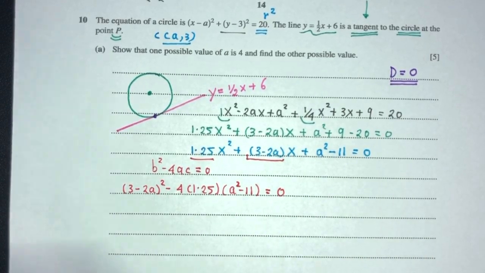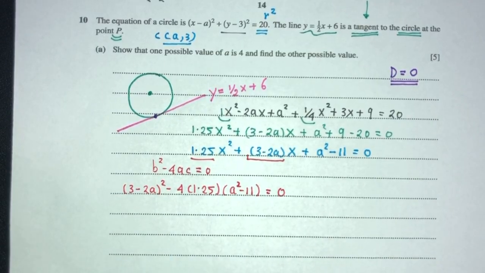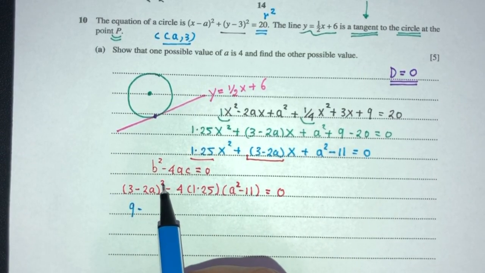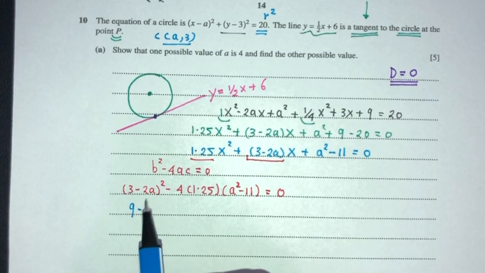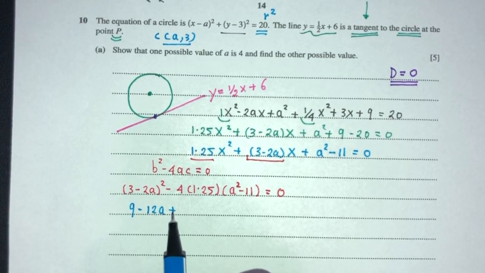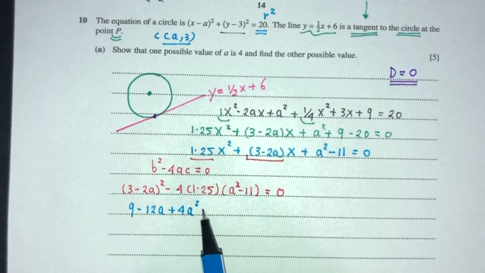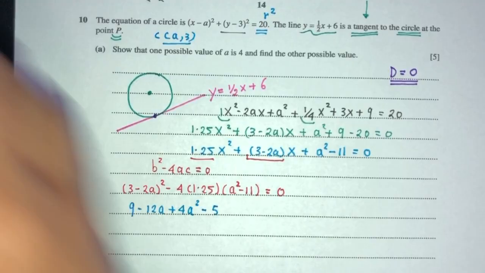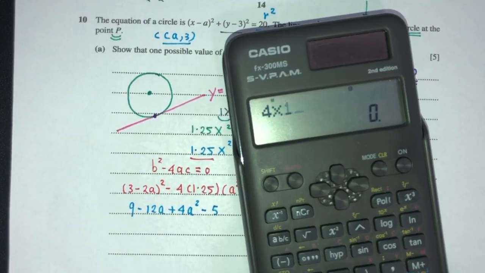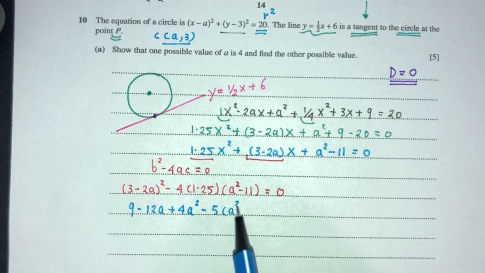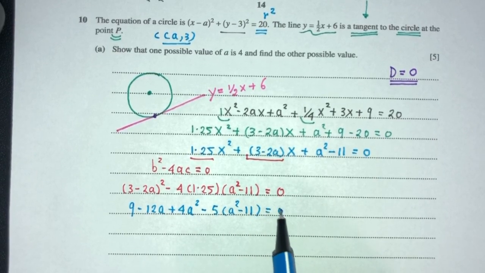So let's play around, let's expand and see what happens. This will become 9, minus 12a plus 4a squared. 4 times 1.25 is 5, right? Let's check, why not? 4 times 1.25, that should be 5, times a squared minus 11 is 0. Simplify.